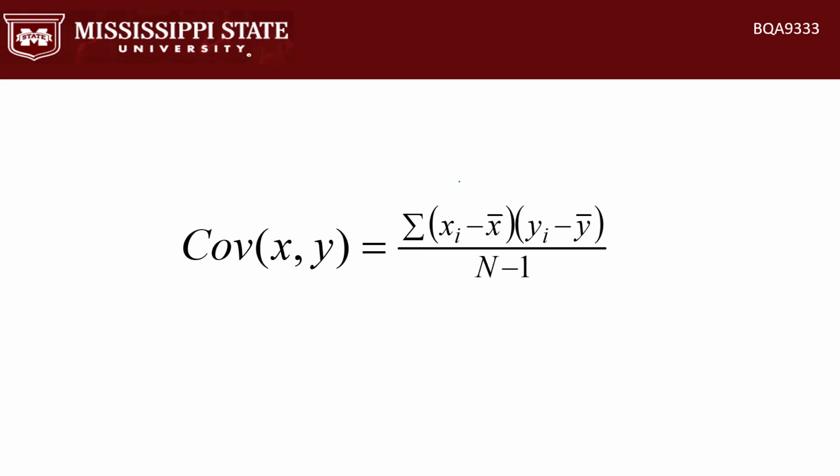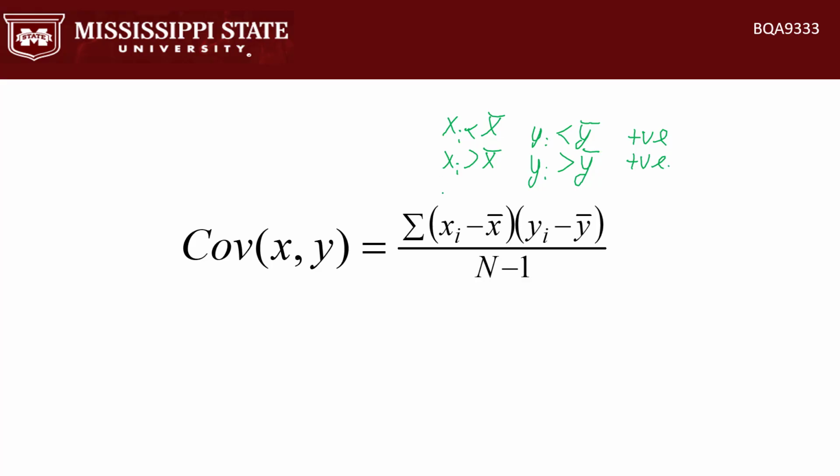If xi is greater than x bar and yi is greater than y bar, then this equation is going to be positive. And the same is true if xi is less than x bar and yi is less than y bar, then it's also going to be positive, because both are below the mean, it becomes positive.